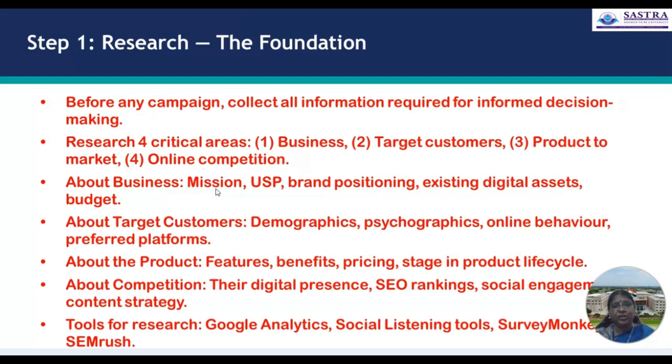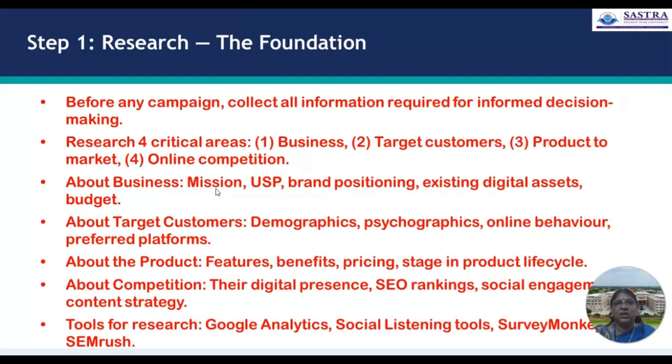So the tools you are using will help you analyze the competitor's site strength, their traffic strength, and their product strength. If it is offline, you can very well know who your competitors are, it will be visible and people will come and tell you. But in the case of online, it is your duty to do lots and lots of research with the help of different types of tools.